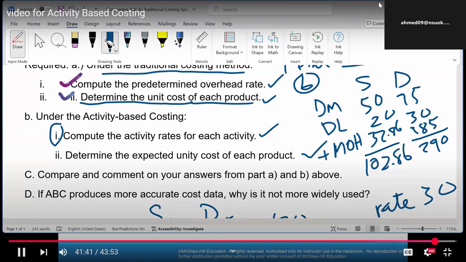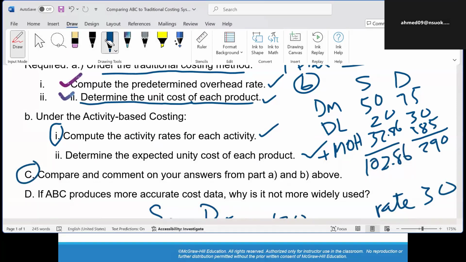Part C tells us to compare and comment on your answers from A and B. When you compare, we can see the standard under the traditional has 130. Here you have 103. That means under the traditional costing, standard units are overcosted by 27.14.